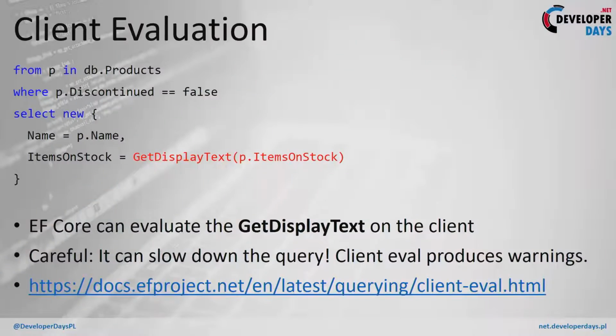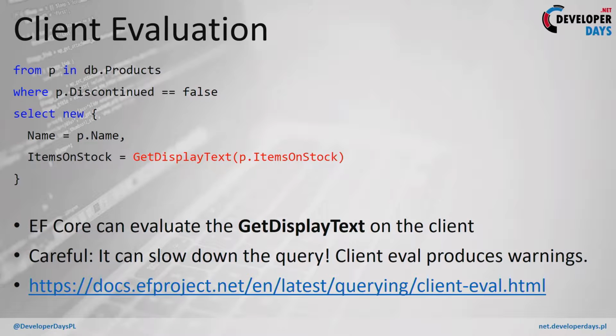Of course, you must be very careful while using this feature, because if you use client evaluation, for example here, and you have 2 million products, then all will get retrieved from the database before the condition is applied. So you have to make sure that you are using client evaluation reasonably and only in the last select clause, not in the middle of the query.